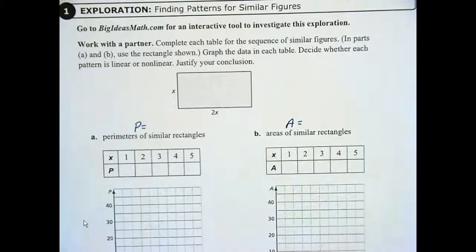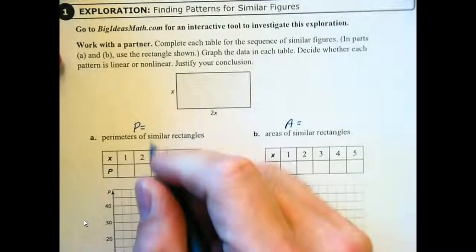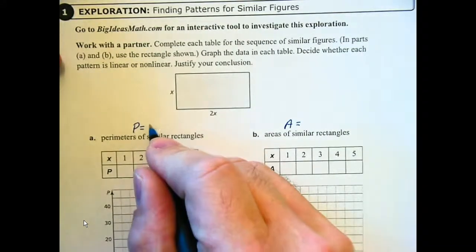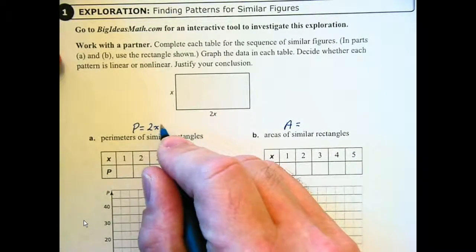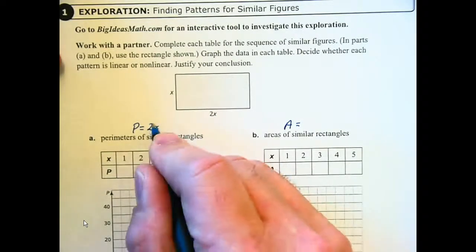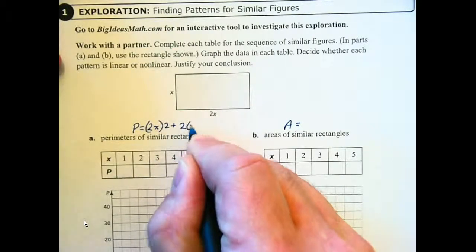All right, Lexi, what do you got for perimeter? 6, so you actually did some math there. Okay, so how did you find the perimeter? Good, so you said 2x times 2 plus 2 times x.